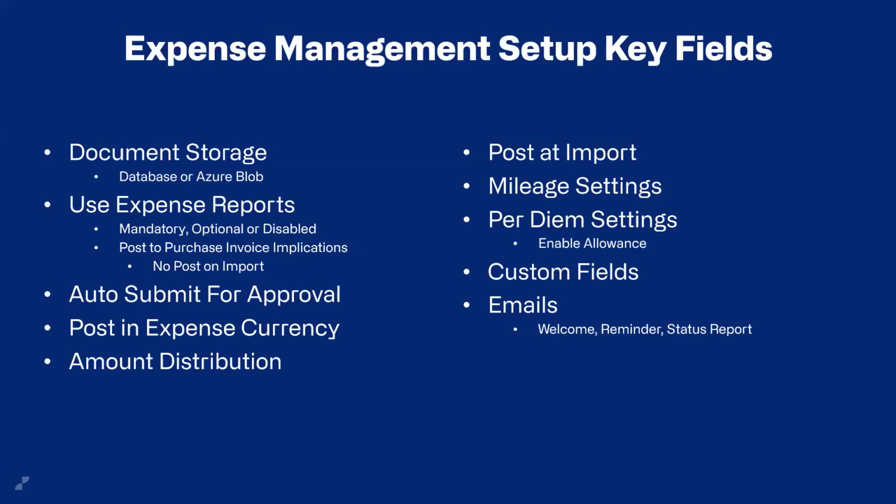We talked about how important the post at import function setting is, and you want to make sure that that's turned on. And we want your client to use that intermediate posting account. That intermediate posting account will inform your client if the expense user is not properly entering in and processing their expenses.